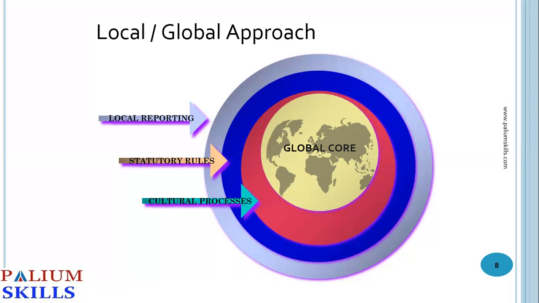So you have the cultural processes. For example, when you go to Japan, they have their Kana and Kanji script. You may be aware of Kana and Kanji. So the Kana and Kanji scripts are available, and in the application, it is required by the local rules and regulations that every employee's name must be recorded in both the scripts, Kana and Kanji.